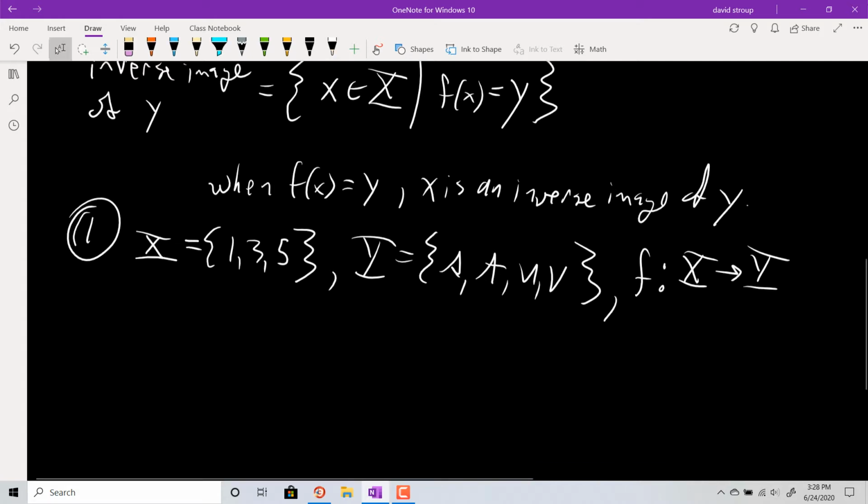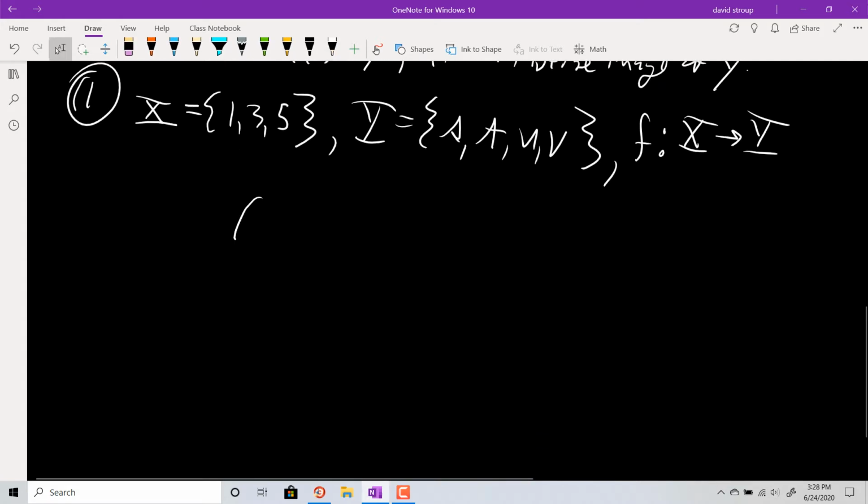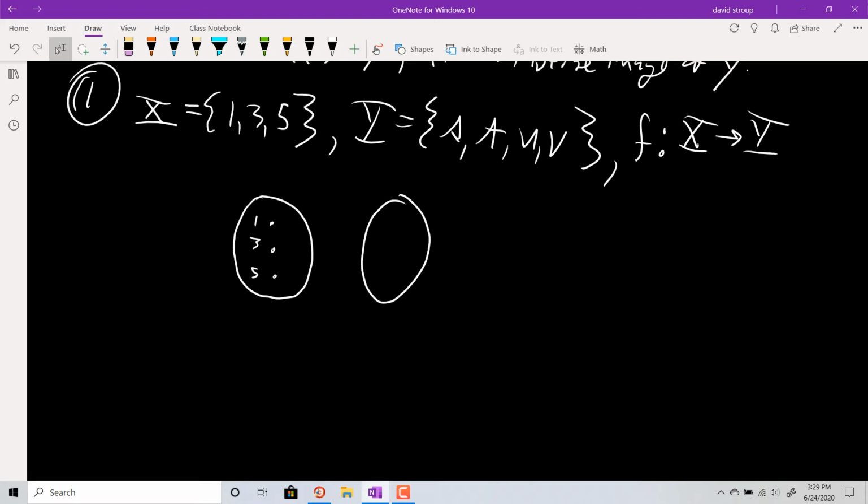Okay, and they describe it with these arrow diagrams, and we could draw it like this. So I'm going to put the domain over here, 1, 3, 5, and then the codomain over here, S, T, U, V. And the book tells us we have this arrow from 1 to V, and then we have an arrow from 5 to V, and then we have an arrow from 3 to S. And this describes the function.